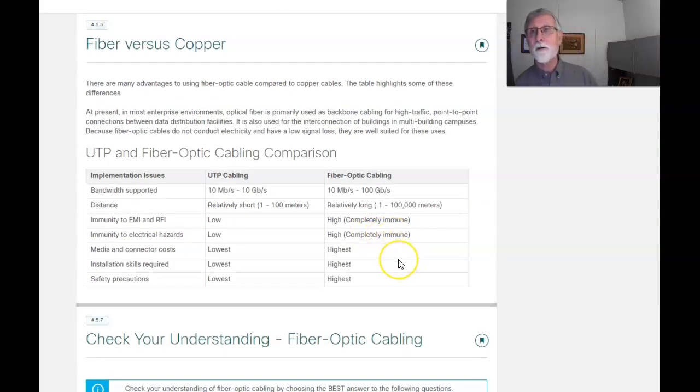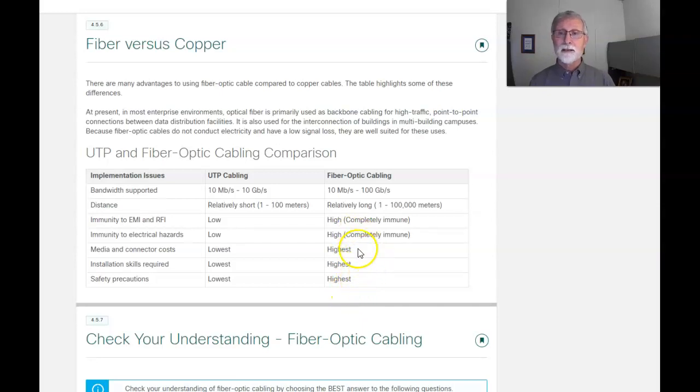Now the question is, why would I choose between fiber and copper? Well, here you've got higher bandwidth. I've got longer distances. I'm immune to EMI, RFI, electrical hazards. But the cost for the connectors and installation, safety precautions, all those are high.